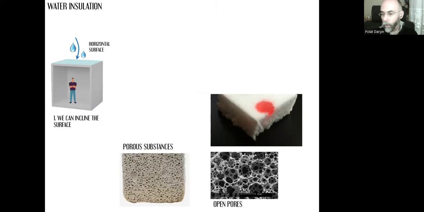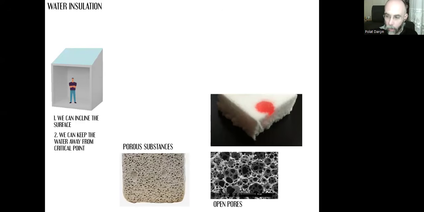What can we do in order to prevent water problems? First, we can incline the surface. Instead of creating a totally horizontal surface, we can have a sloping surface, and that will help reduce the period of time the water droplets stay on the roof. Again, with the help of the gravity, they start to slide down. We can keep the water away from the critical point.